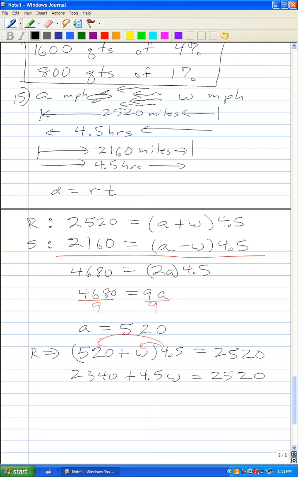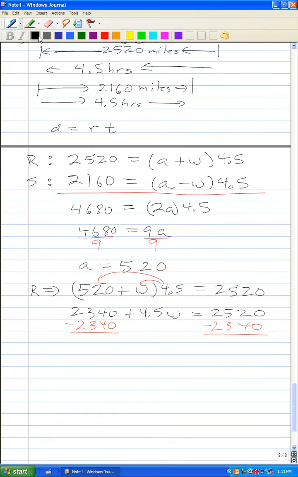26. Okay, subtract, just checking in my head if that worked, minus 2,340. And so I get 4.5w is equal to 180. Divide both sides of my equation by 4.5.